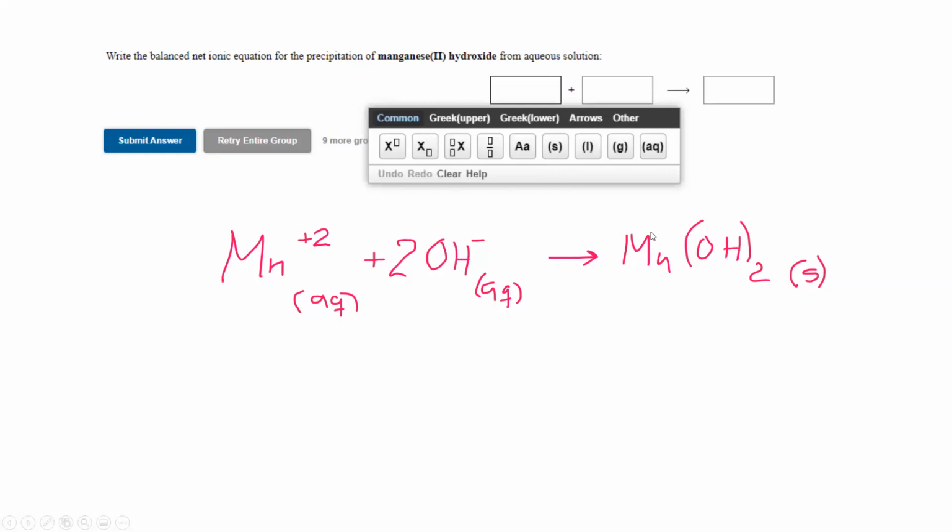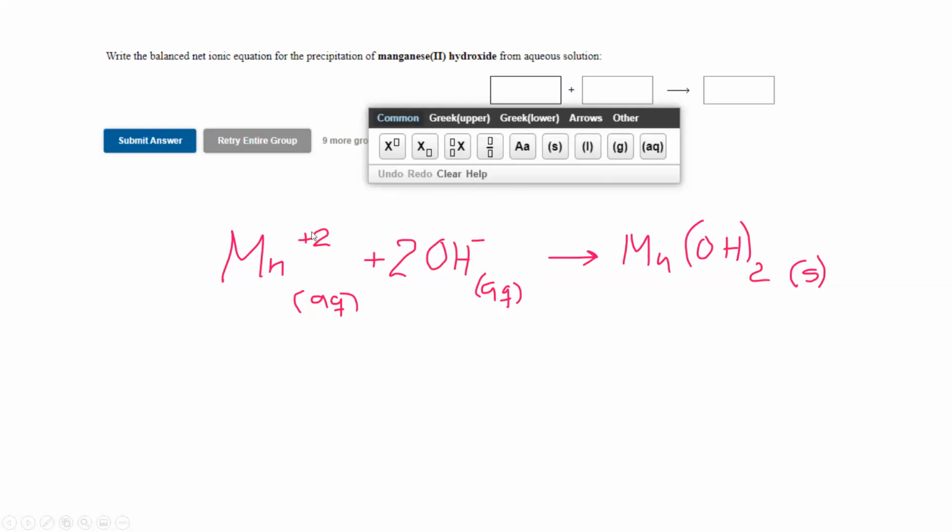And you begin from aqueous ions. Then you have manganese 2 in aqueous solution. Then you have to press the symbol aqueous as subscript. And you have to put 2 hydroxide because hydroxide is -1.